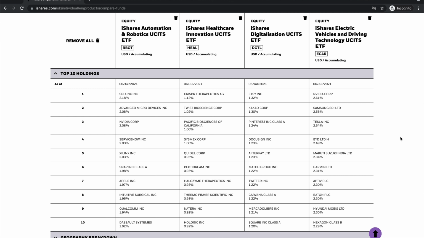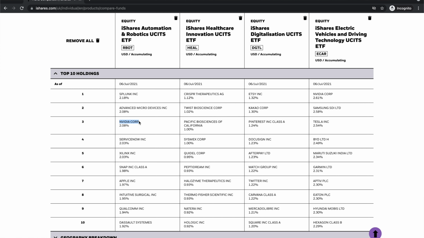However, we can see here that, for example, for the eCar ETF, NVIDIA Corp is actually the number 1 holding in terms of weight or percentage. And we can see also that the automation and robotics ETF, or RBOT, also has NVIDIA, but in the 3rd position with a weight of roughly 2%.